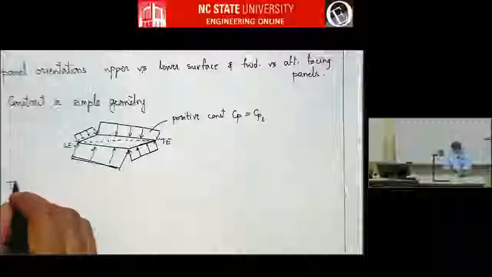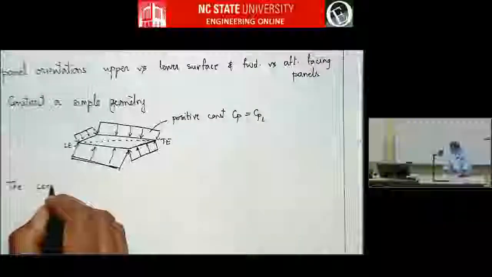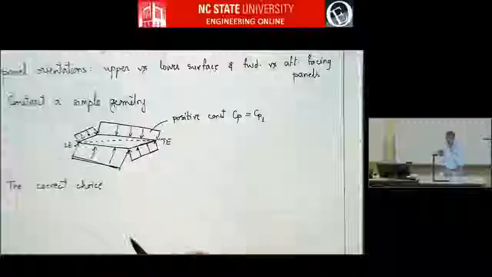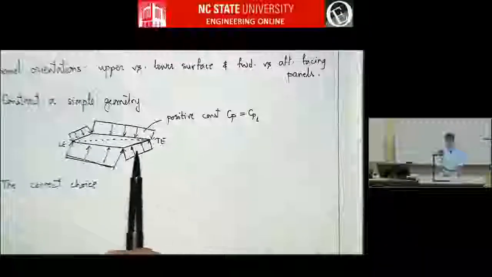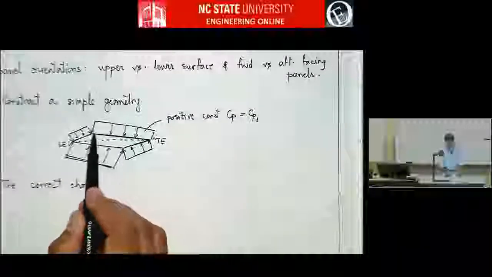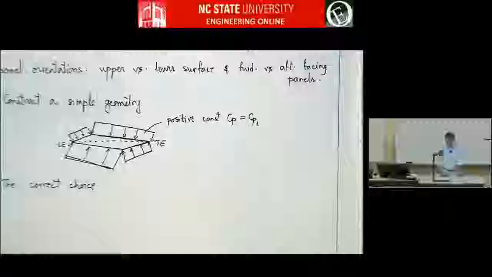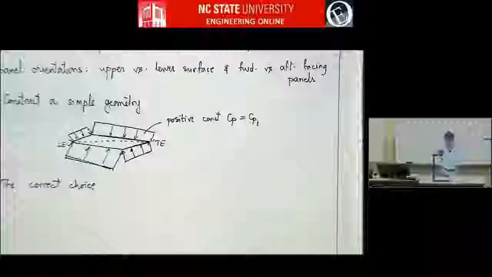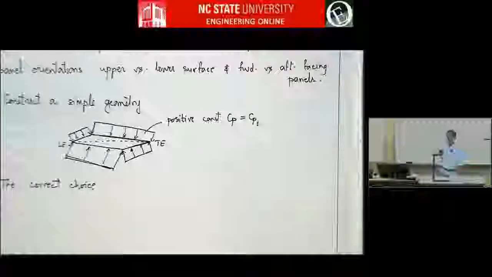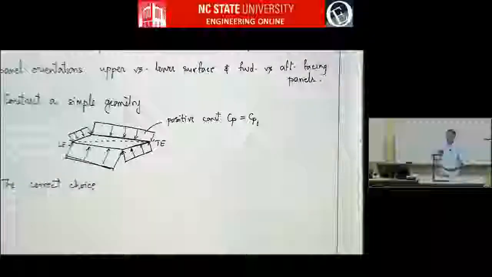So just by inspection, you can say certain things, right? For example, if you take this panel, the top rear facing panel, what would be the direction of dx and dy for this assumed pressure distribution? Dx is negative, dy is negative. You know that is the answer.